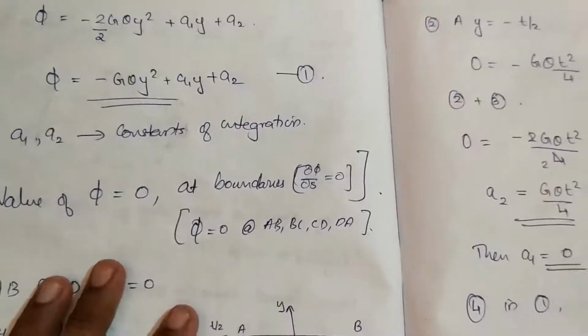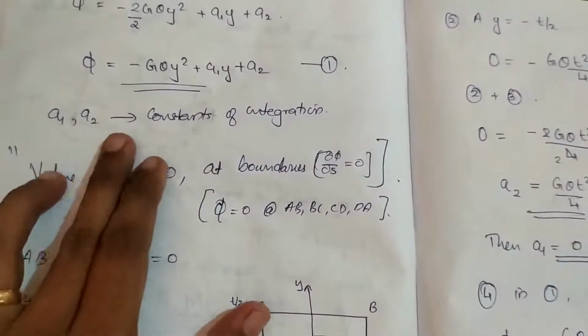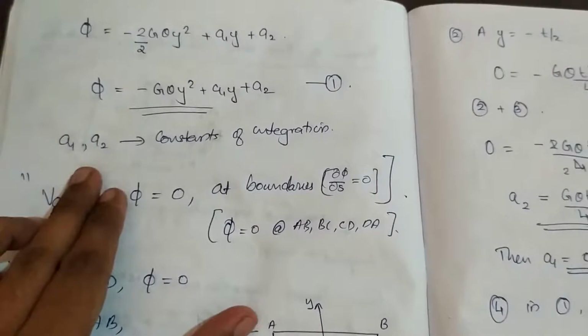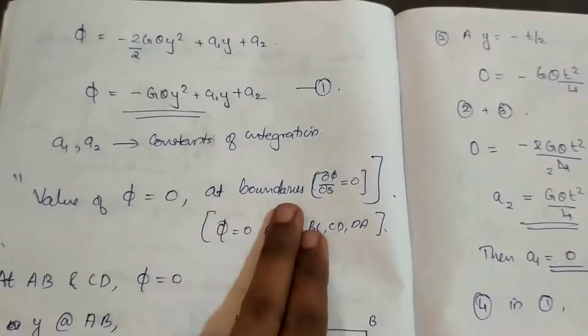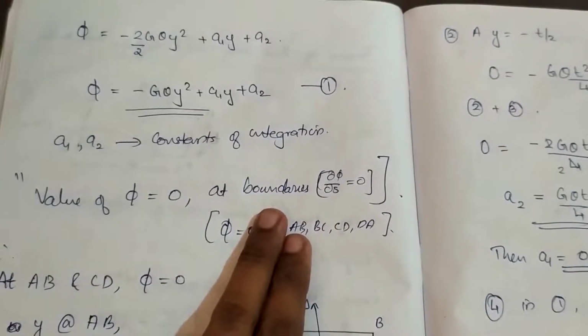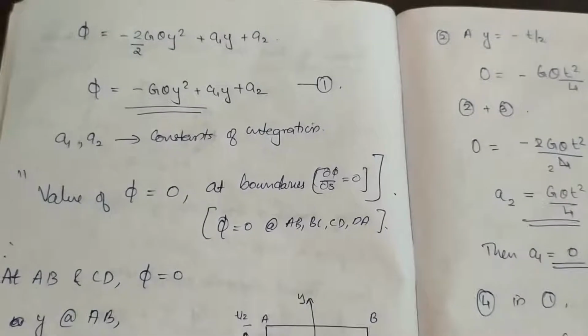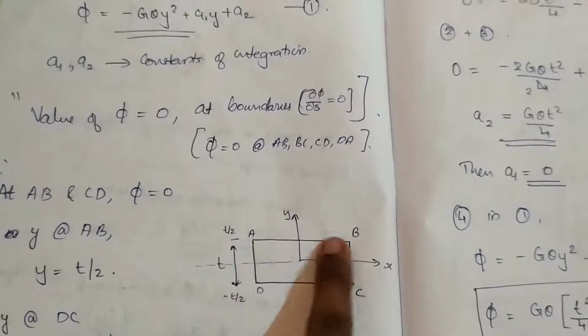Now in order to get the values of a1 and a2, you need to apply boundary conditions, right? The value of phi is 0 at the boundaries. This we have already derived from the Prandtl stress function. So phi is equal to 0 at AB, BC, CD, DA. These are all the boundaries.